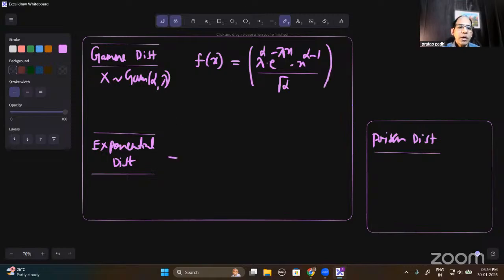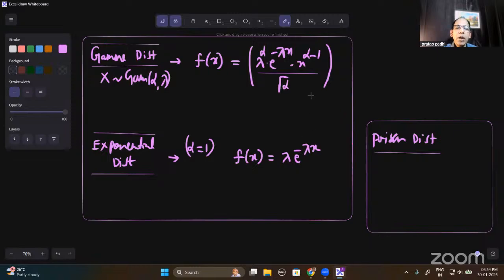Exponential distribution, when you take a particular case, what will happen? Let me write alpha is equal to 1. My f of x will reduce to lambda e minus lambda x. The x power term will vanish, meaning the power becomes 0 and x power 0 is 1, and gamma of 1 is also 1.